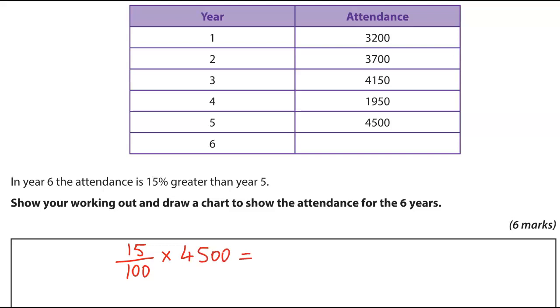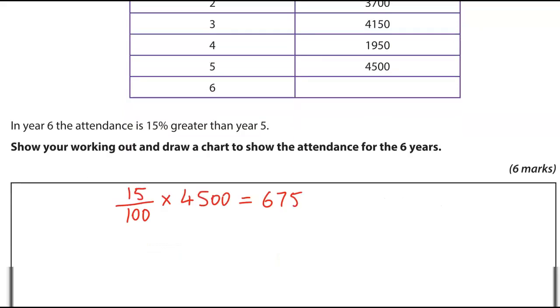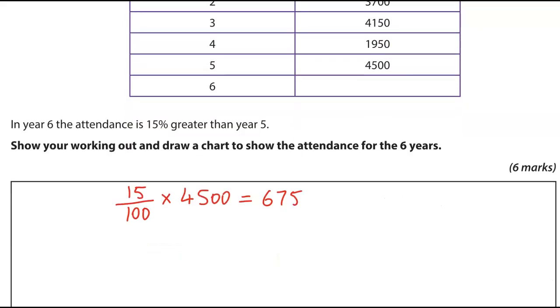So if we do 15 divided by 100 times 4,500 in the calculator, it gives us 675. So that is the increase. So we can add that on top of the 4,500. And that is 5,175. I'll add that here.